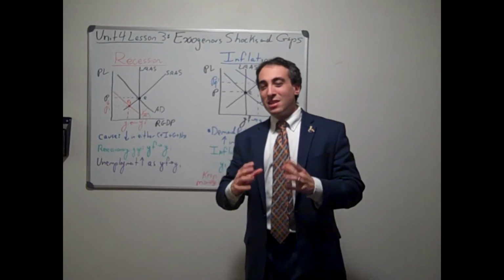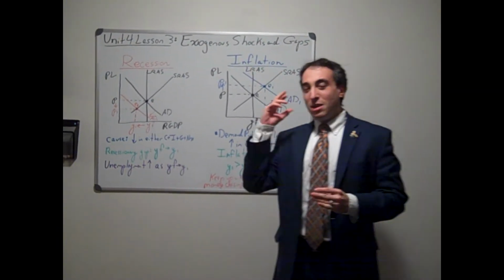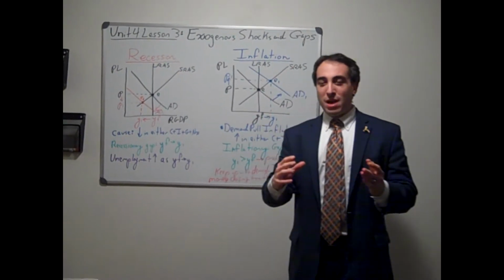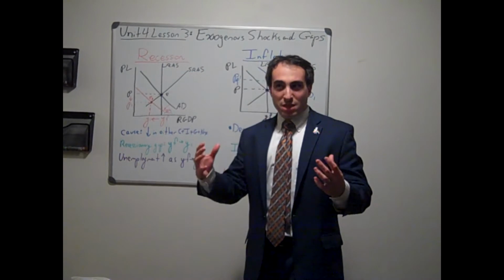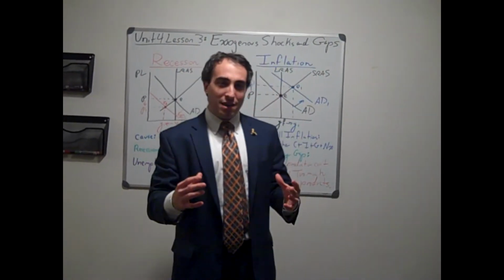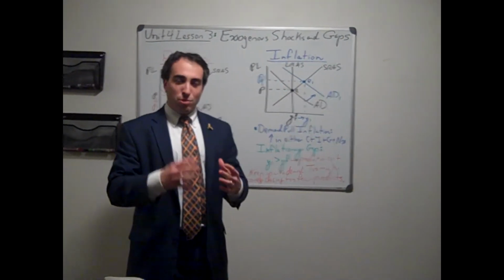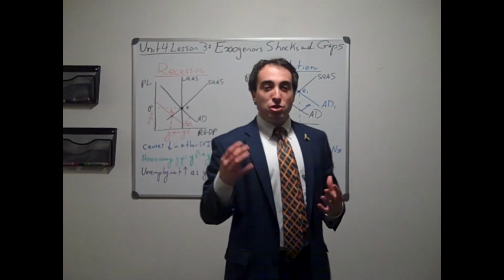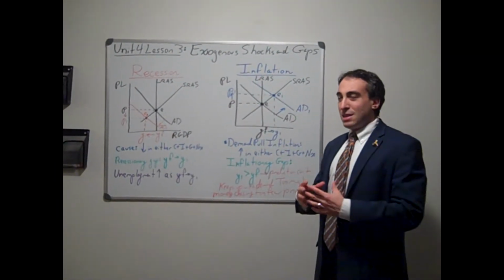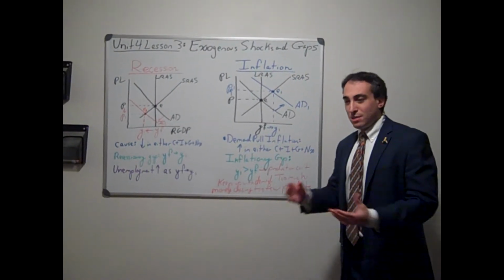And in today's lesson, we are going to take a look at how we use the full employment graph to visualize exogenous, which means outside forces, economic shocks, and how those shocks create economic gaps, and how we can use our graph to reflect these gaps with our economic indicators.